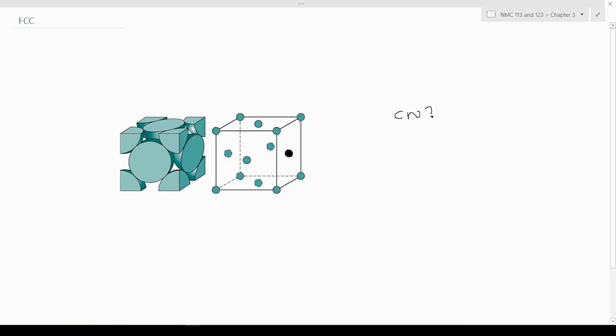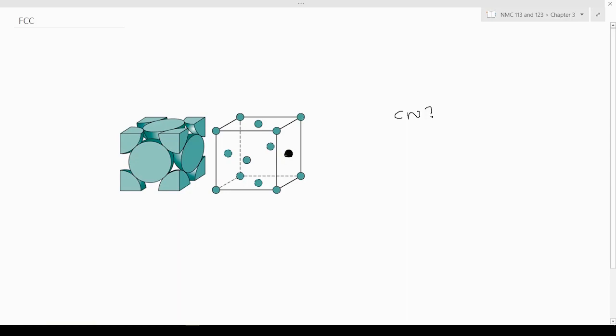If you choose a corner atom, you're just going to make it difficult for yourself, because some of these atoms may not have as many nearest touching atoms as the face-centered. So for an FCC, choose the face-centered atom as the reference atom.